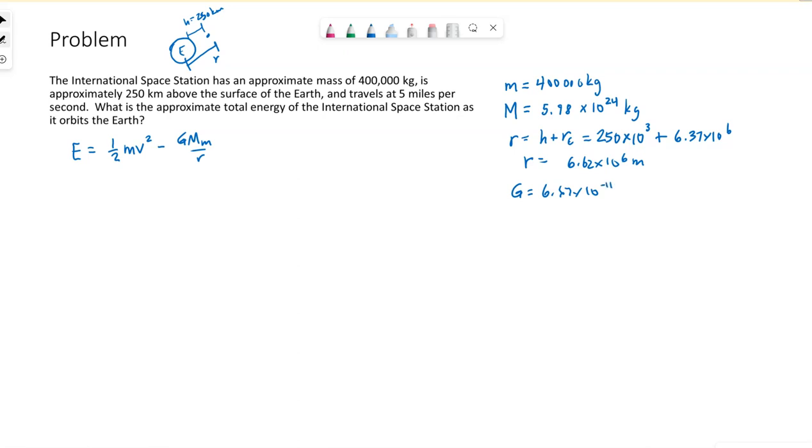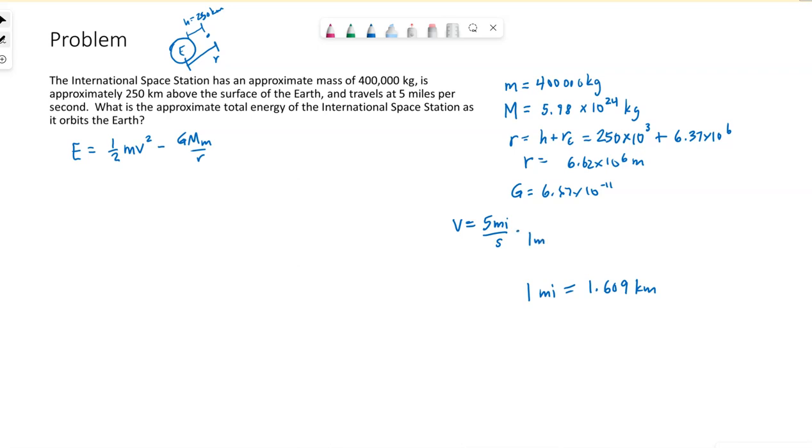V. So they've told us it's traveling at 5 miles per second. But everything else is in SI units, so we want this to be in meters. In the test notes, if we look at the conversion factors, one of the conversions tells us that 1 mile is 1.609 kilometers.